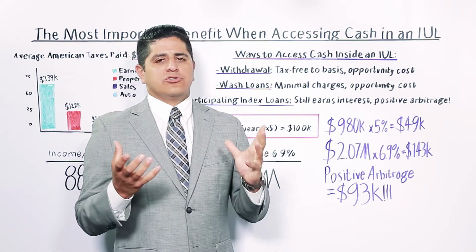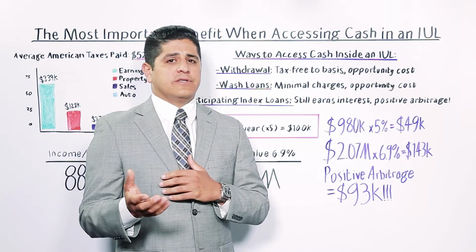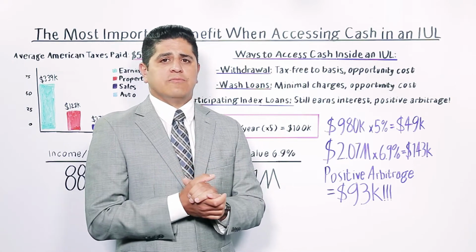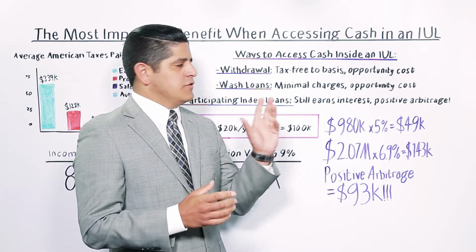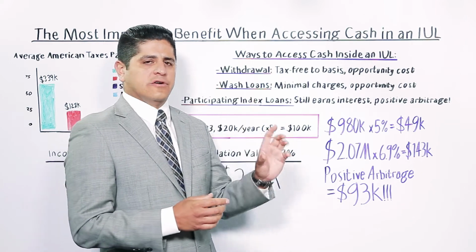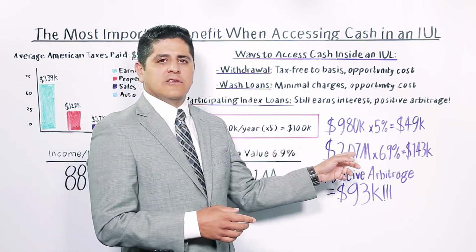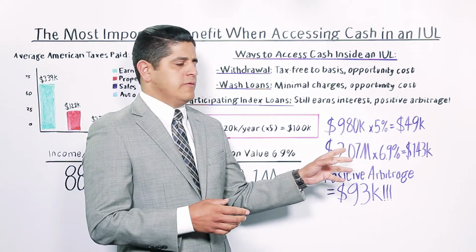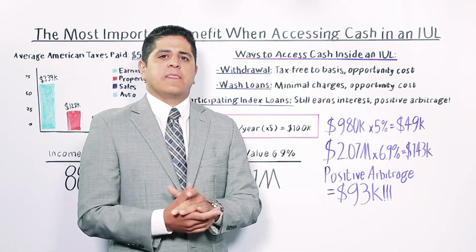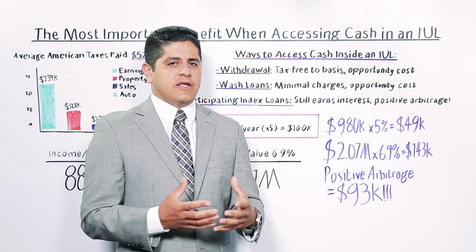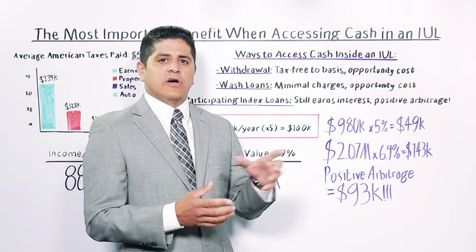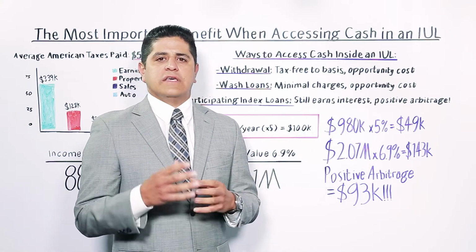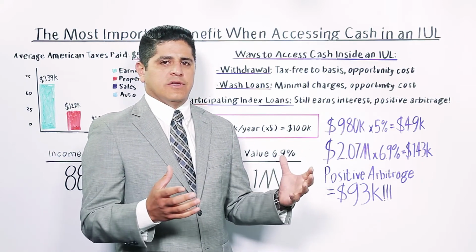And if that was just a straight loan that's not still earning a rate of return, yes, that would probably seem pretty high. But remember, that full cumulative loan is actually still earning a rate of return inside the accumulation value of almost 2.1. And in this example, it's earning 6.9%. So in that year, you earned $143,000 of interest on the total accumulation value.